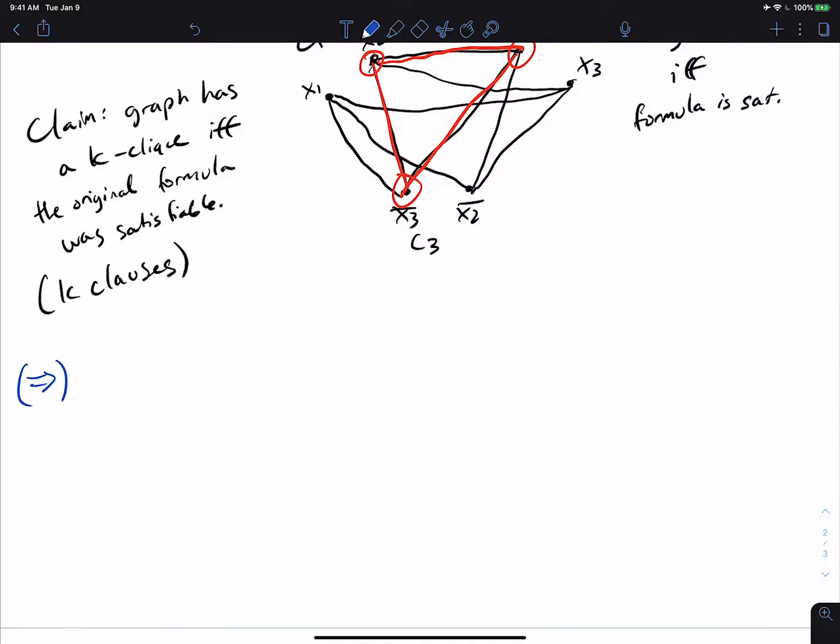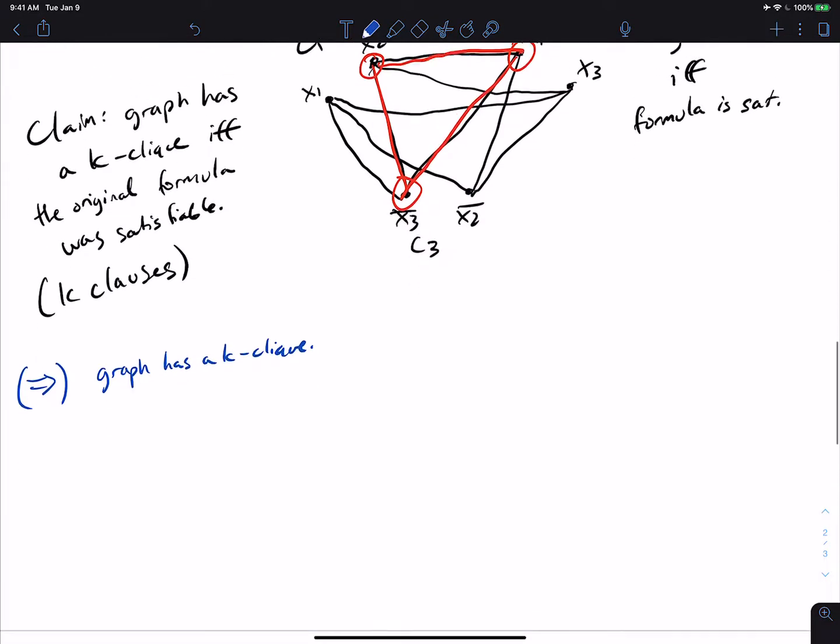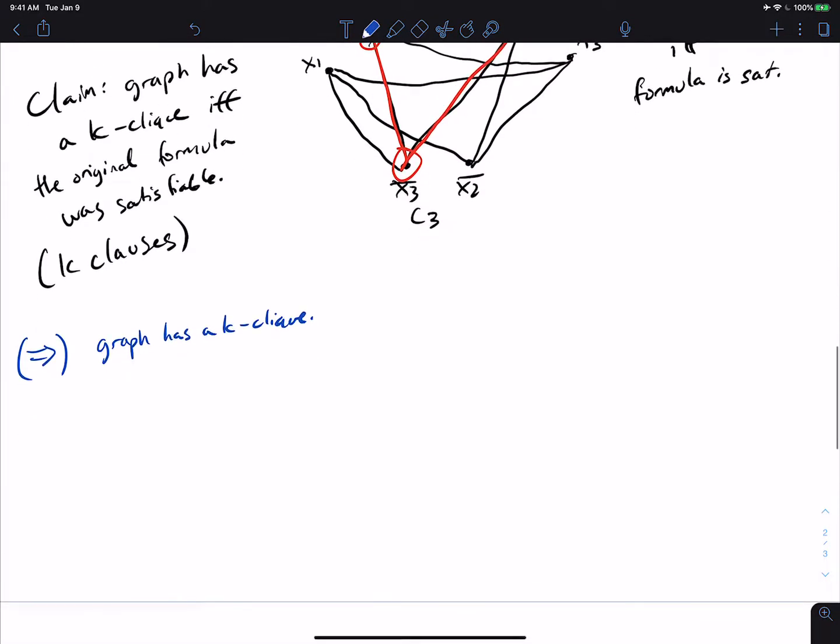Let's say that the graph has a k-clique. Let's say that the vertices for this k-clique are v1 up to vk. Those are the vertices in the clique.